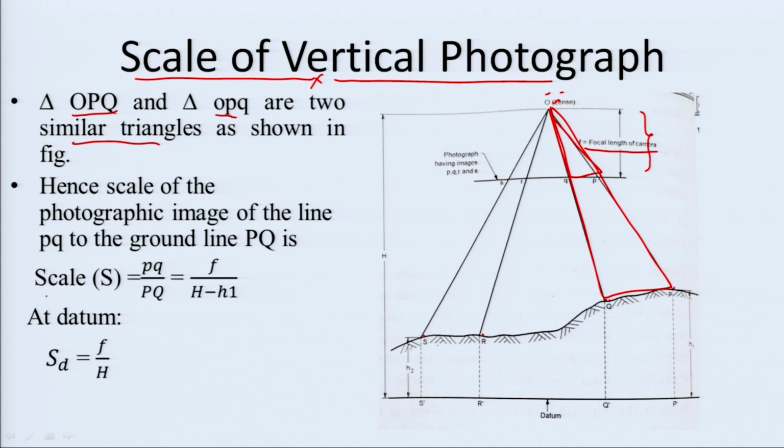Scale, by the properties of similar triangles, can be defined as small pq upon capital PQ, which is equal to F upon H minus h1 for point P. If we are finding the scale at datum level, it can be represented as F upon H, that is the scale at datum level.